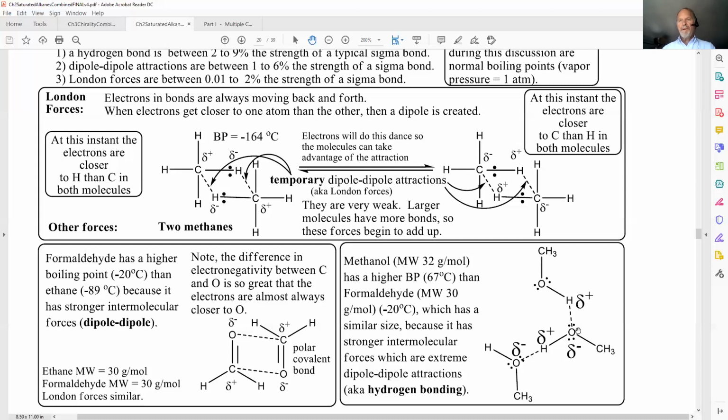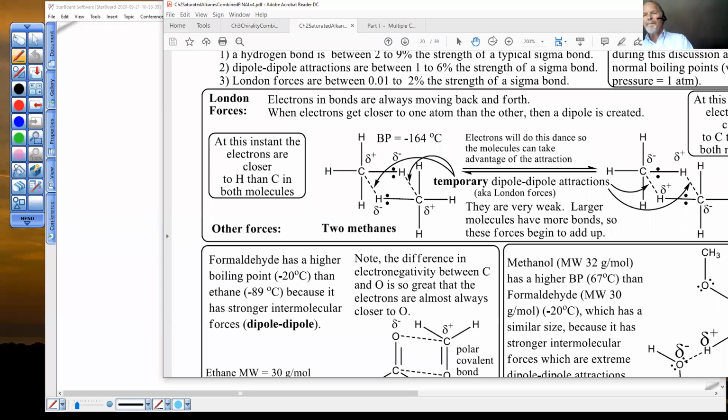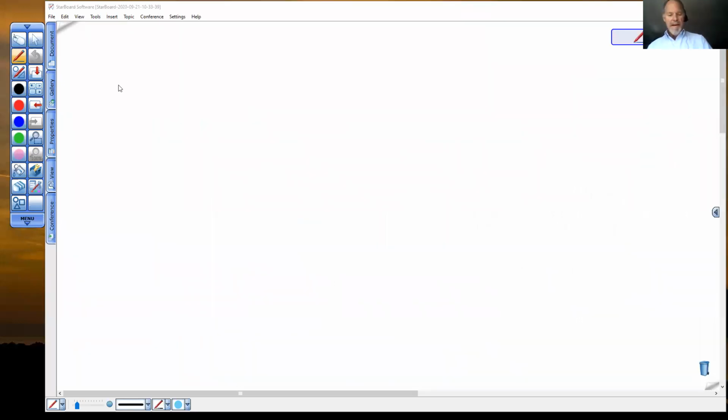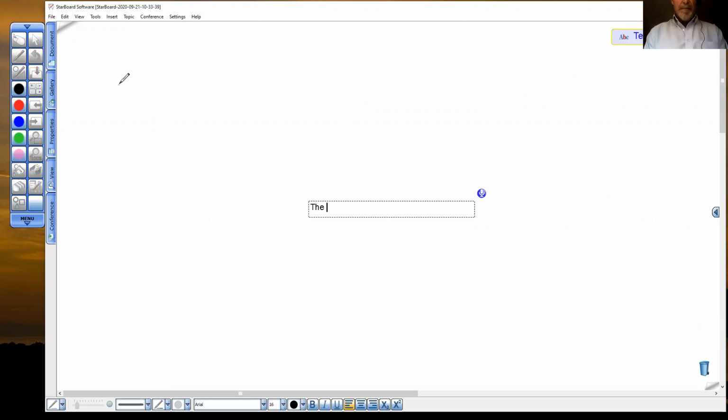And since we're learning organic chemistry now, let's review the functional groups that can participate in hydrogen bonding. The functional groups that can participate in hydrogen bonding.